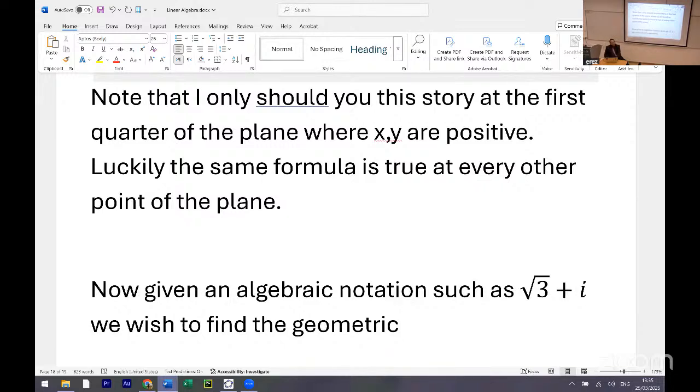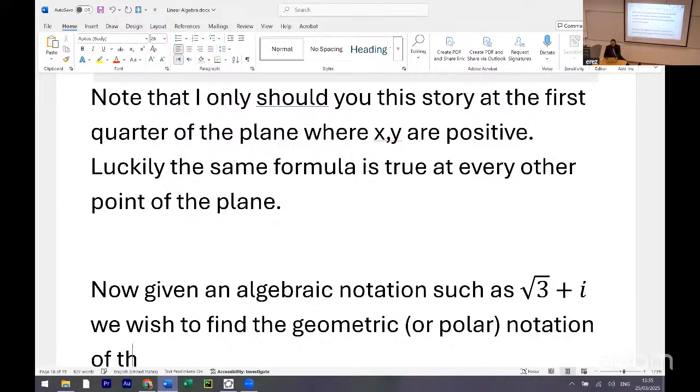Does it have another name? In Hebrew, it's kotvi, which is polar. We say it in both, in the Hebrew translation or in the English version. So in geometric or polar notation of the number.